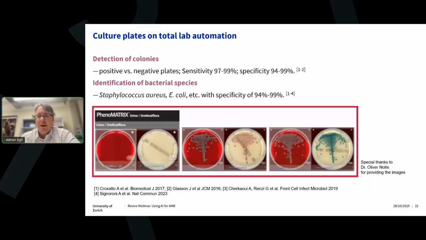So for example, as I mentioned before, a MacConkey plate, or here a urogenic chromogenic agar plate, if there's a pink colony, you can, with very high confidence, say this is an Escherichia coli. And there's a very nice paper for those of you who are interested in this, published in Nature Communications 2023 from colleagues from Italy.